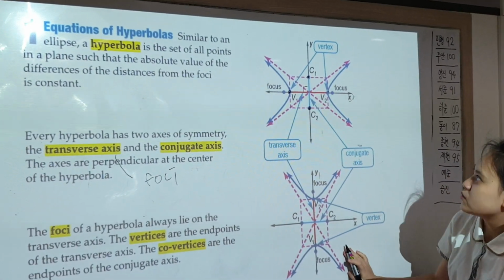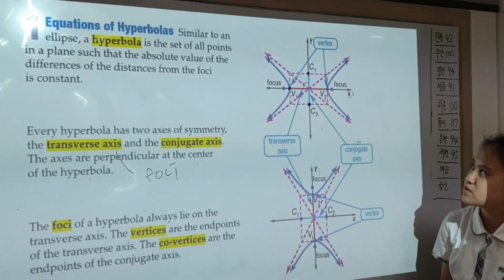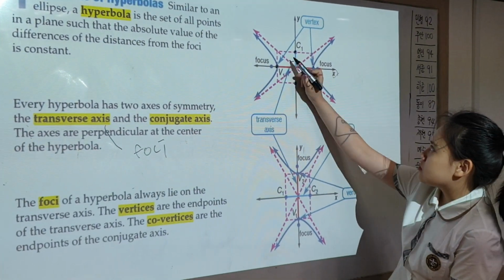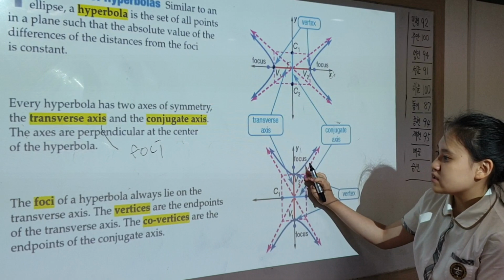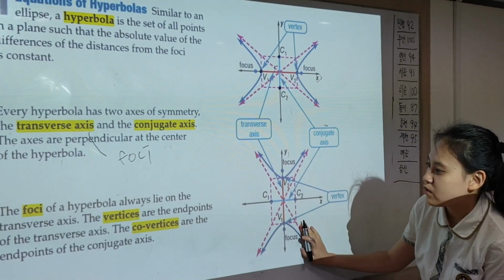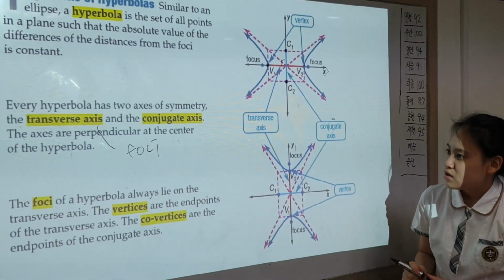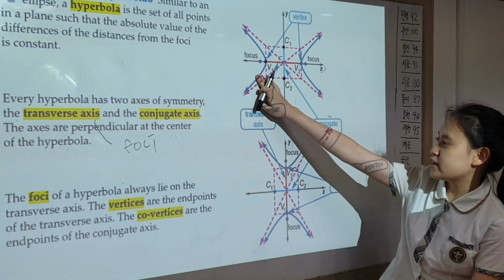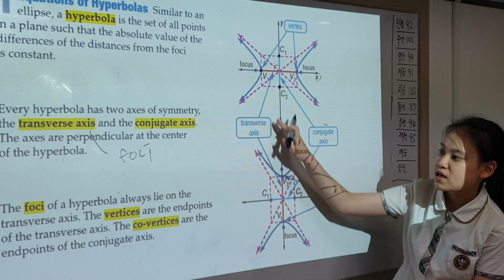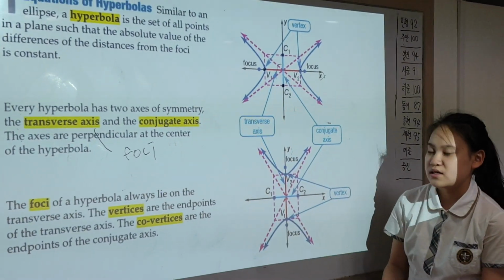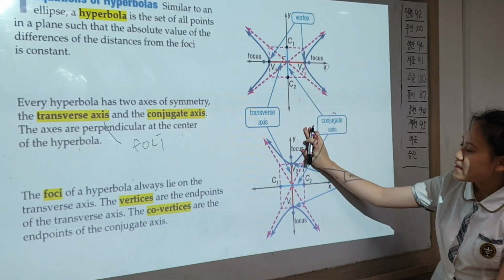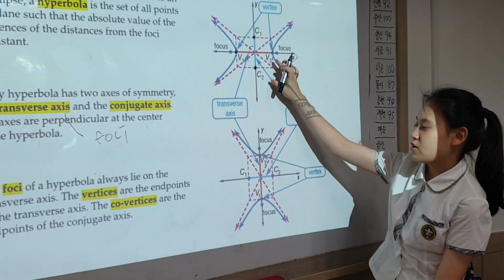Here I think most of you will be puzzled about how we get the points of the co-vertices, vertices, or foci, and I'm going to explain it soon. Just note that the transverse axis is where the foci lie, and its endpoints are the vertices. The conjugate axis lies perpendicular to the transverse axis, and its endpoints are the co-vertices.